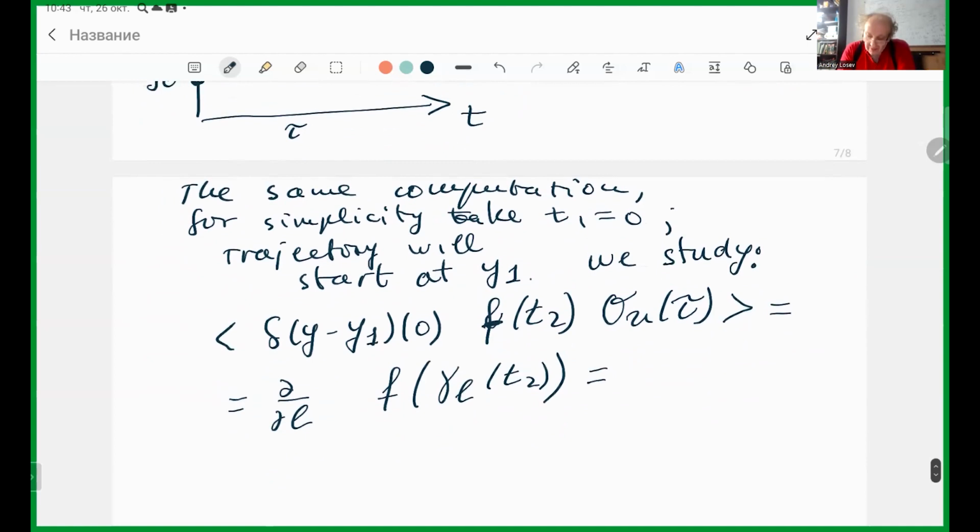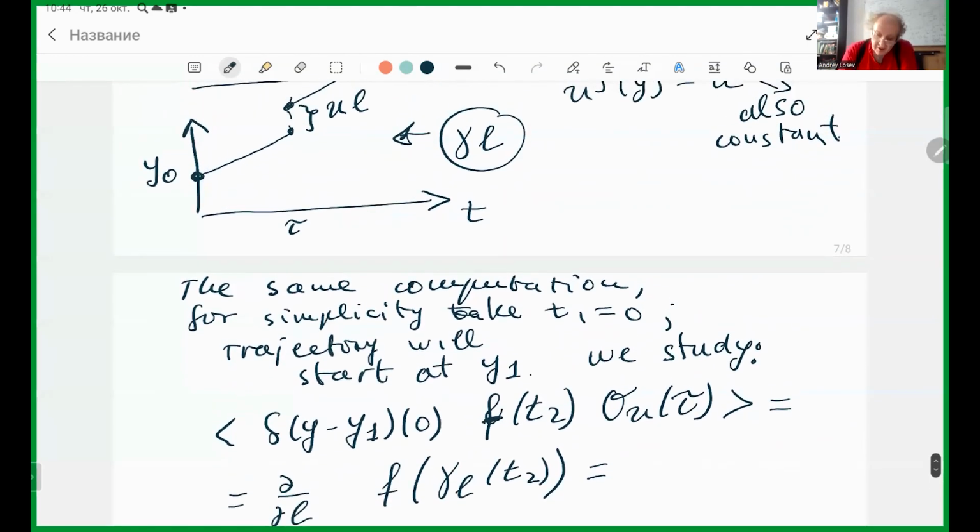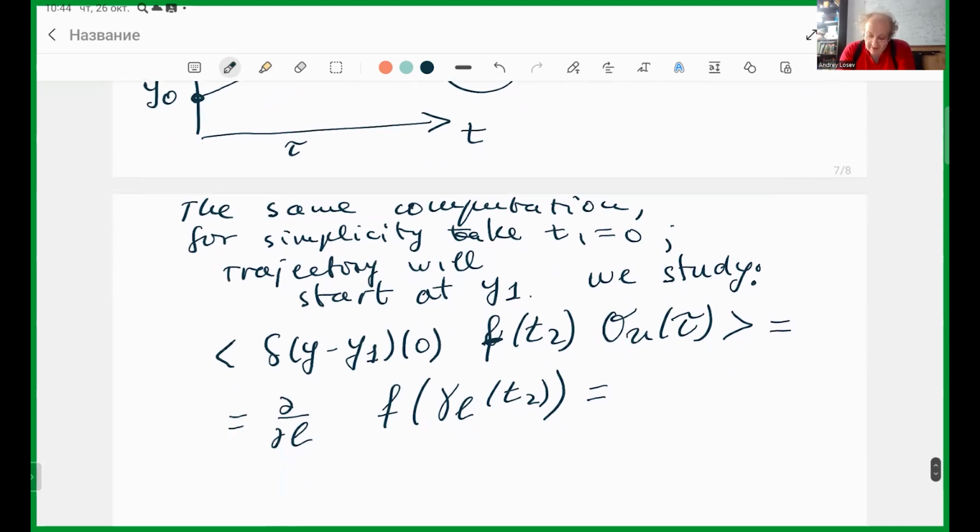So now I need to take my trajectory inside this equation. And I have two cases. Case 1, t2 is smaller than tau.